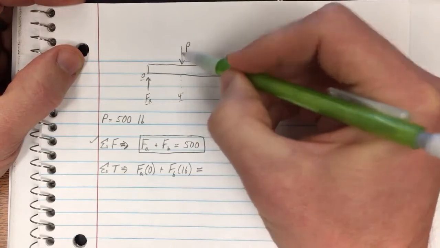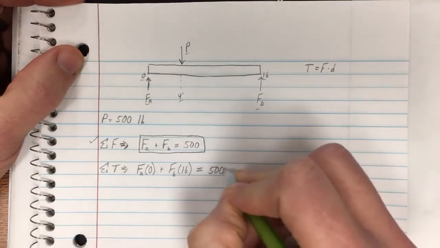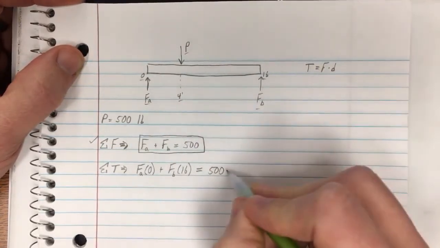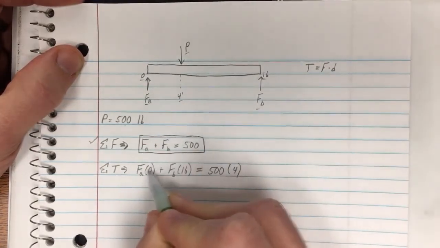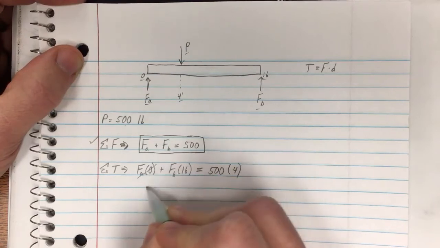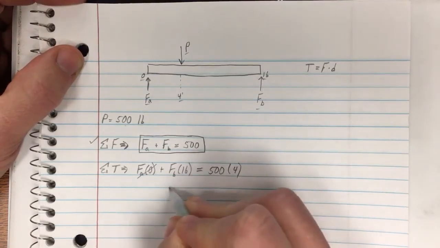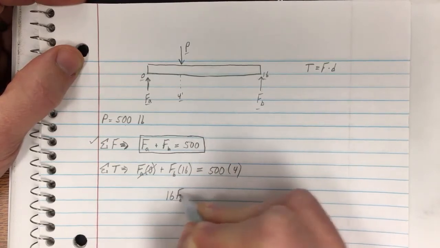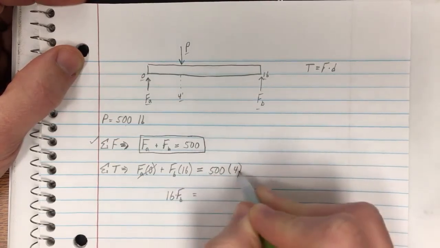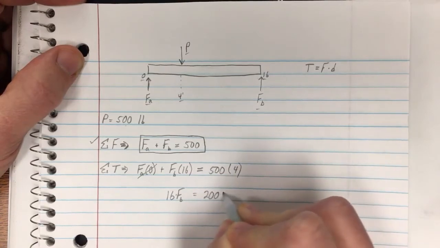In this case, we only have one downward force, and that force, remember, is 500 pounds times 4 feet. So you can see clearly FA times 0 is going to be 0. That cancels out. So I have 16 FB. I like to put the 16 first. 16 times FB equals 500 times 4, which is 2,000.